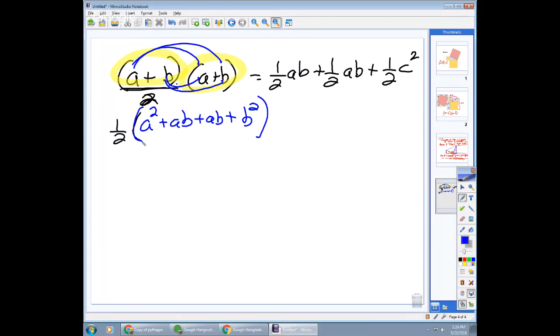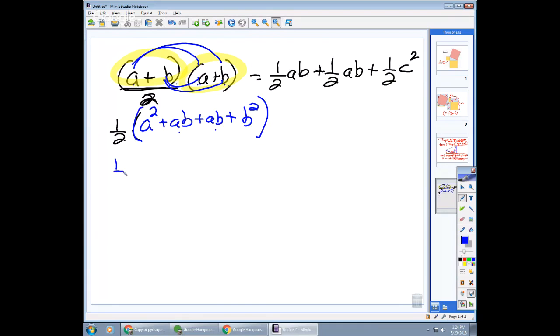So that's what I get at first shot. I have to distribute first the a to the other two terms, and then the b to the other two terms. So I get a squared plus ab plus ab plus b squared. But the ab's are like each other, so instead of a times b plus a times b, it's really 2 ab's.